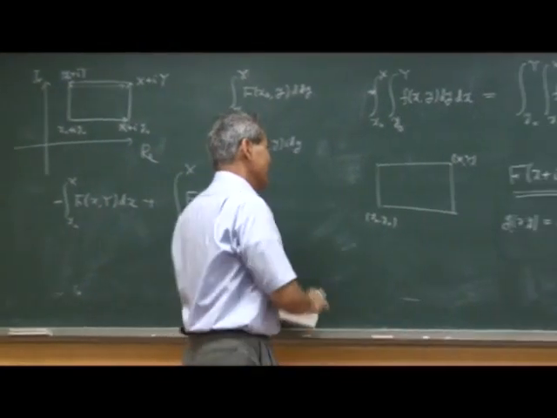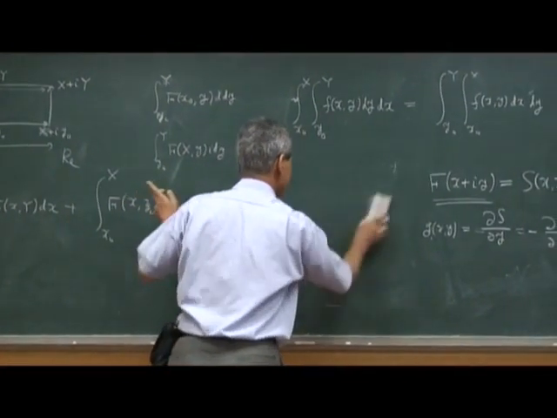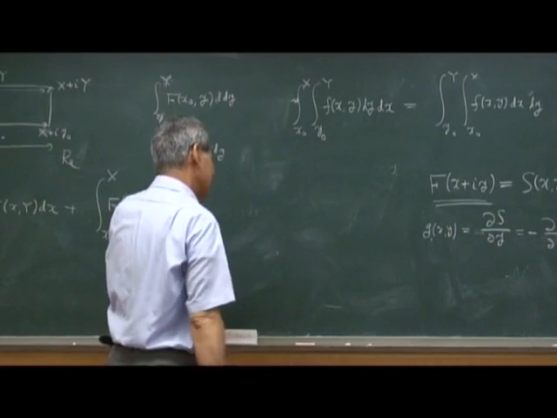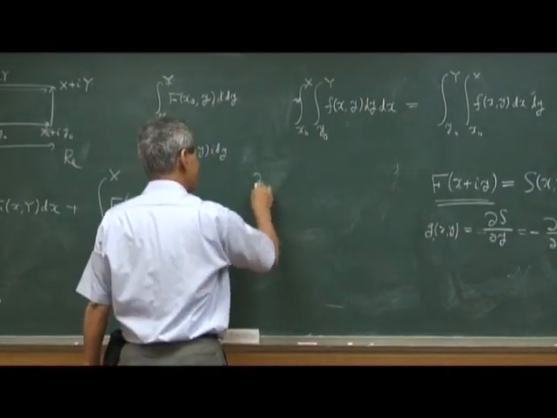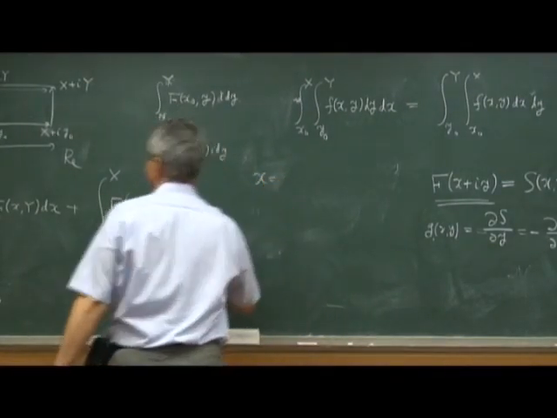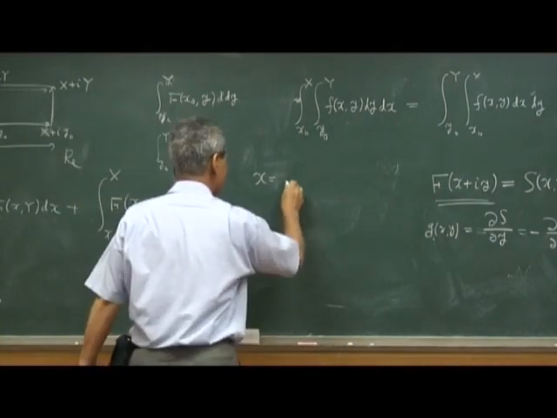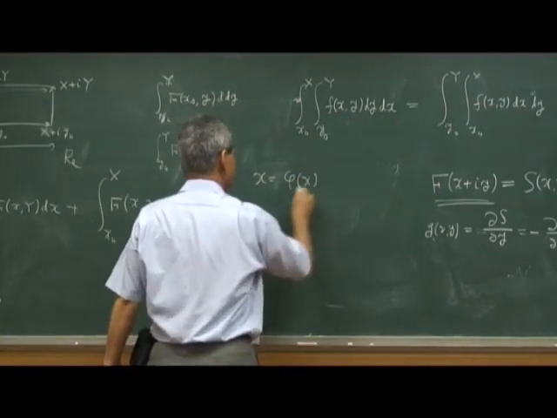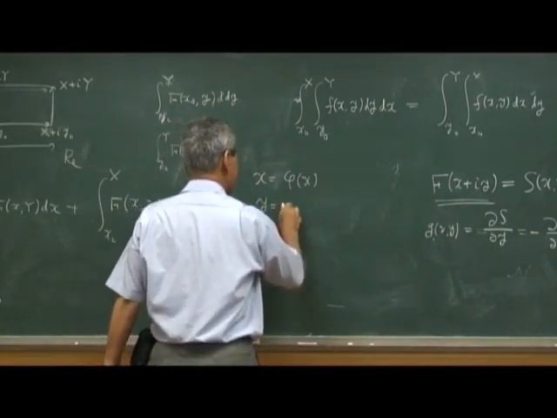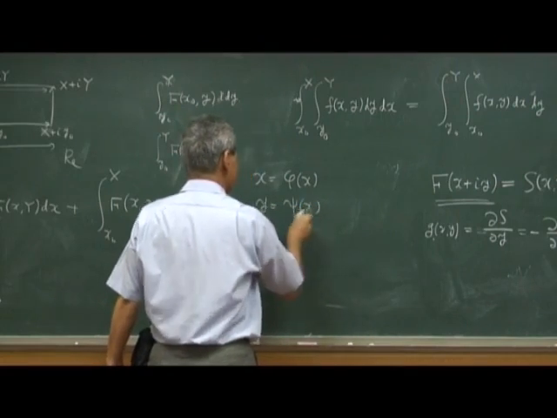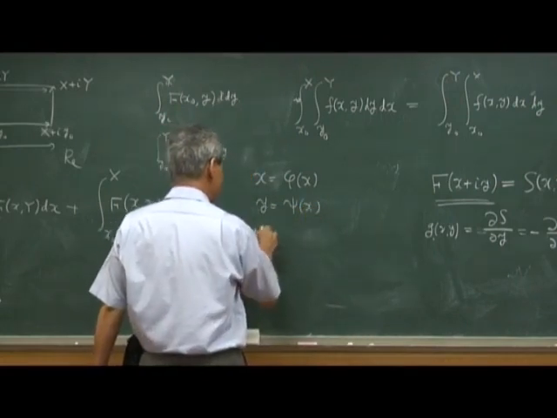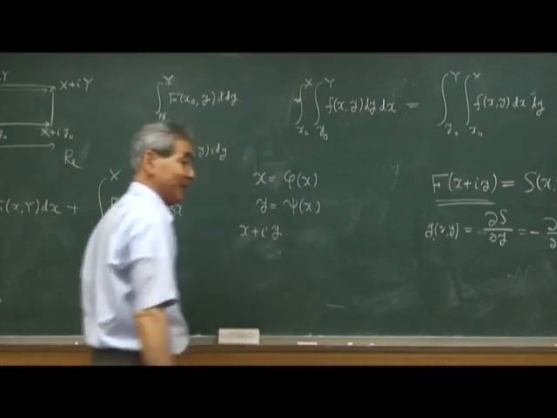And actually, Cauchy did it in the following way. So if you consider the real path, x is phi of t and y is psi of t, and x plus iy is the complex variable.